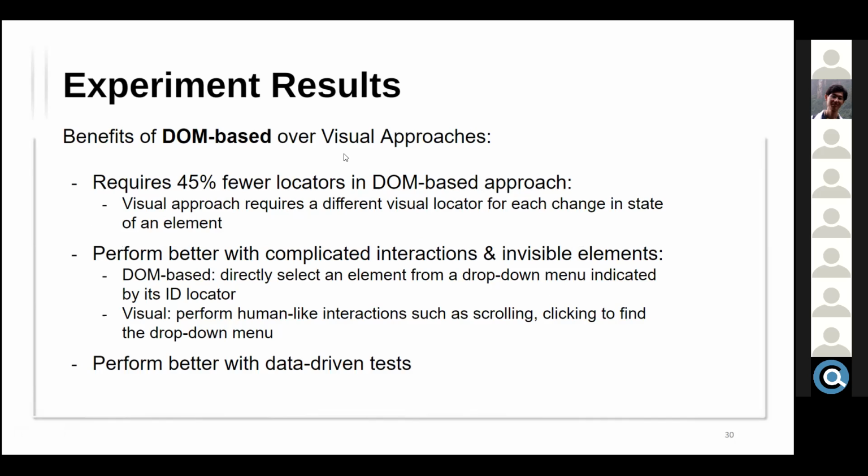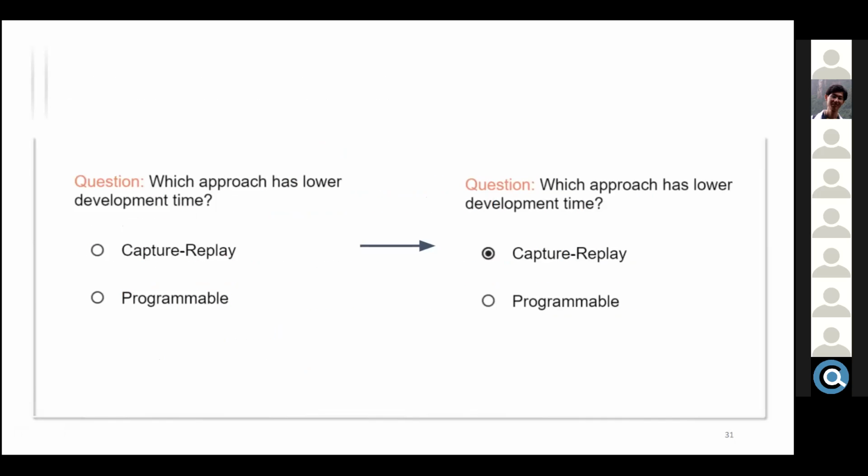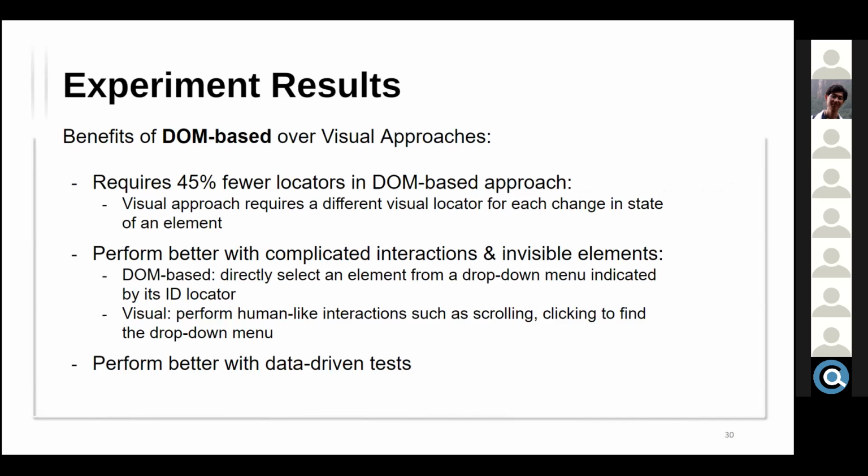For the visual part, it has to capture or remember the exact positions where they should be clicked, right? So as long as there's a minor change of the layout, then it's just broken. But I think this paper was published 4 to 5 years ago, and later there are some new computer vision based techniques, so maybe such a problem can be mitigated.